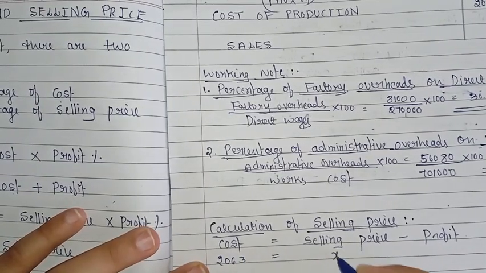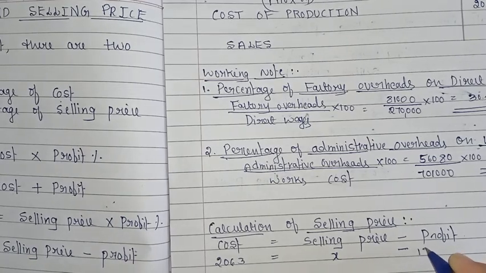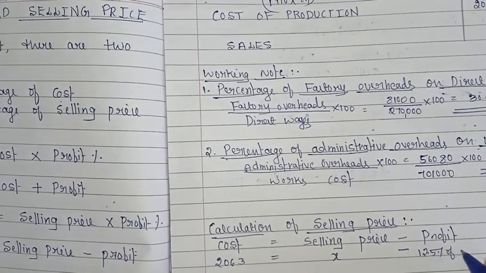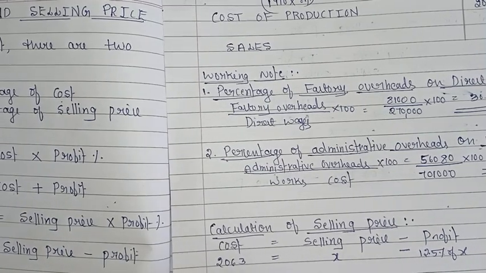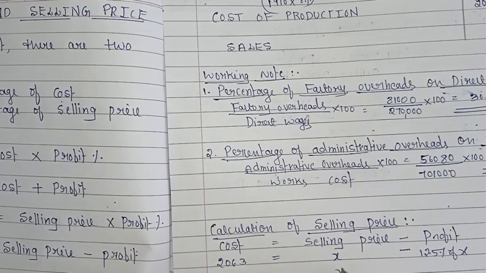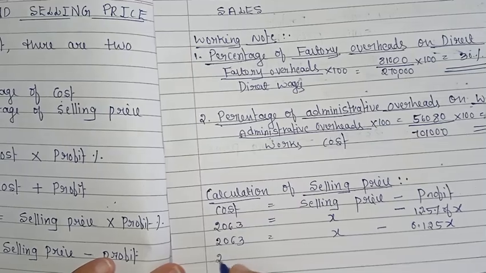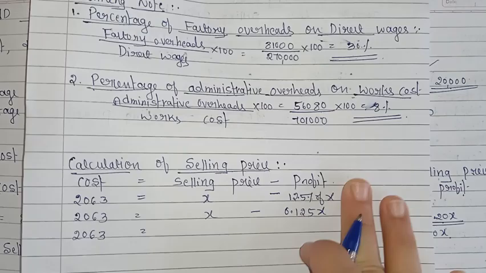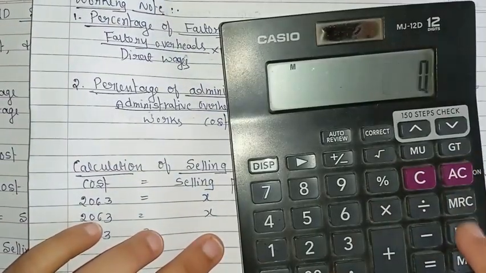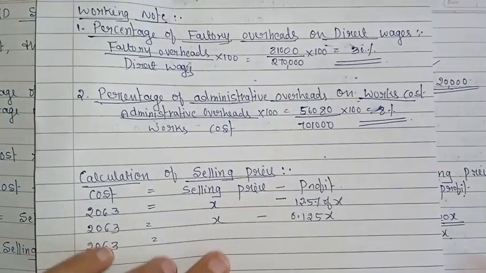Let selling price be X minus profit, that is 12.5% on selling price, means 12.5% of X. So 2,063 equals to X minus 0.125X. Now X means what? It means 1, right? 1 minus 0.125 equals to 0.875.